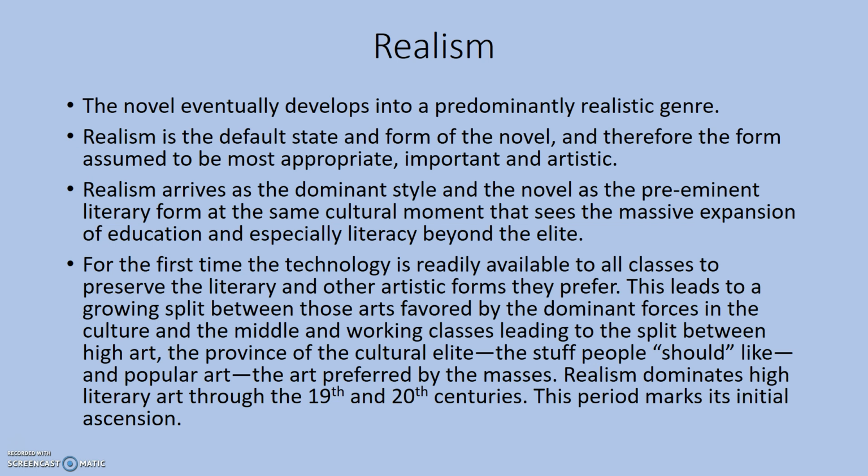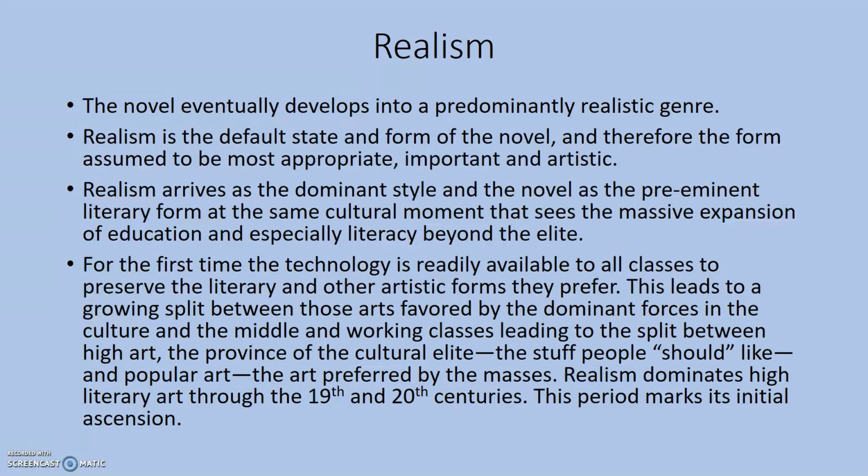Realism comes to be the default state and form of the novel, and because of that, it becomes the form that is most respected and it is considered by the powers that be the most appropriate, important, and artistic.